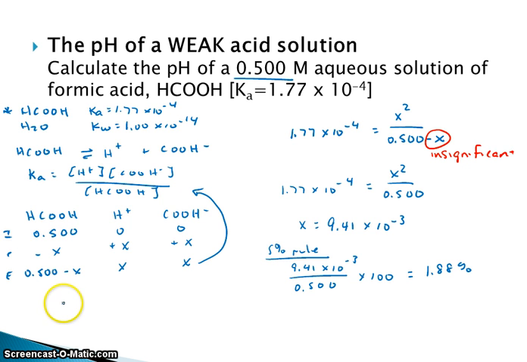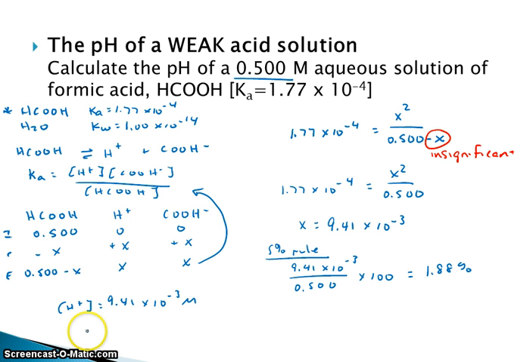So for this particular question, all it asks us for is the pH, so we need the hydrogen ion concentration. And when we look at the problem, the hydrogen ion concentration is X, so it's 9.41 times 10 to the negative 3 molar.